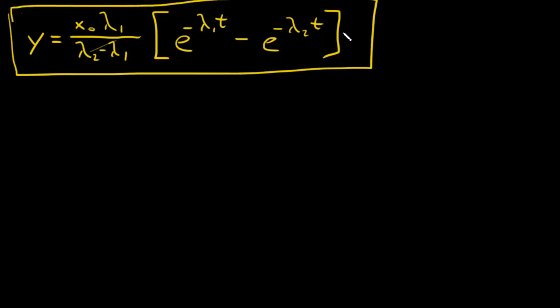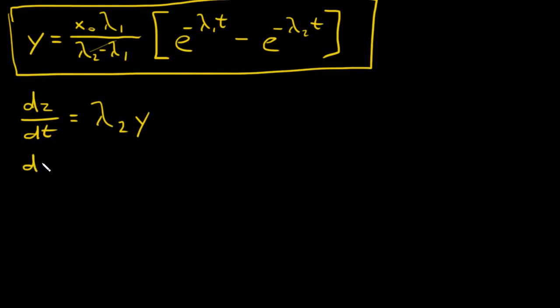All right. Now, I think I went off the board. Now we have to find z. And z is going to be a little bit odd because I'm going to do separation of variables with this. So I've got dz/dt is equal to positive lambda 2 y. Okay? Y is equal to all this.